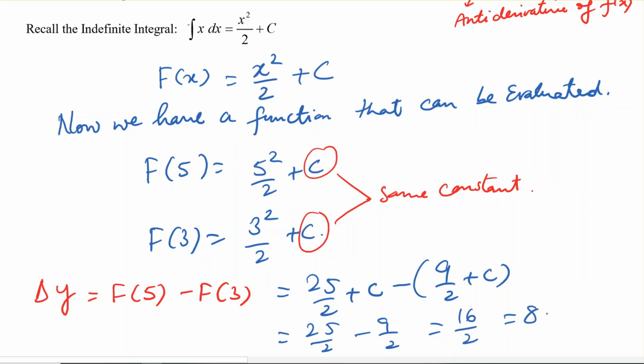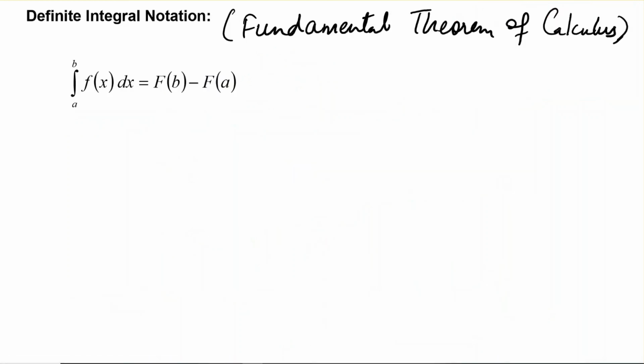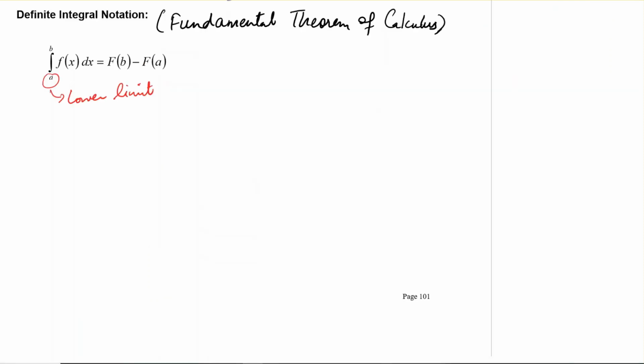So what does this 8 represent? 8 units is basically the area under this curve from x equals 3 to x equals 5. Based on our previous example, we can say that the integral of f(x) dx from a to b is equal to F(b) minus F(a), where a is the lower limit, which is the smaller of the two values, and b is the upper limit, which is the larger value.